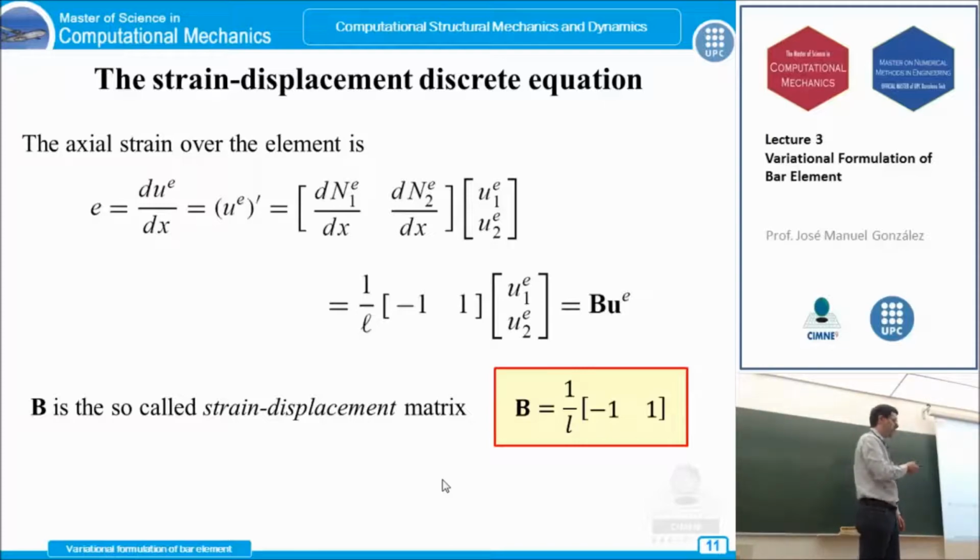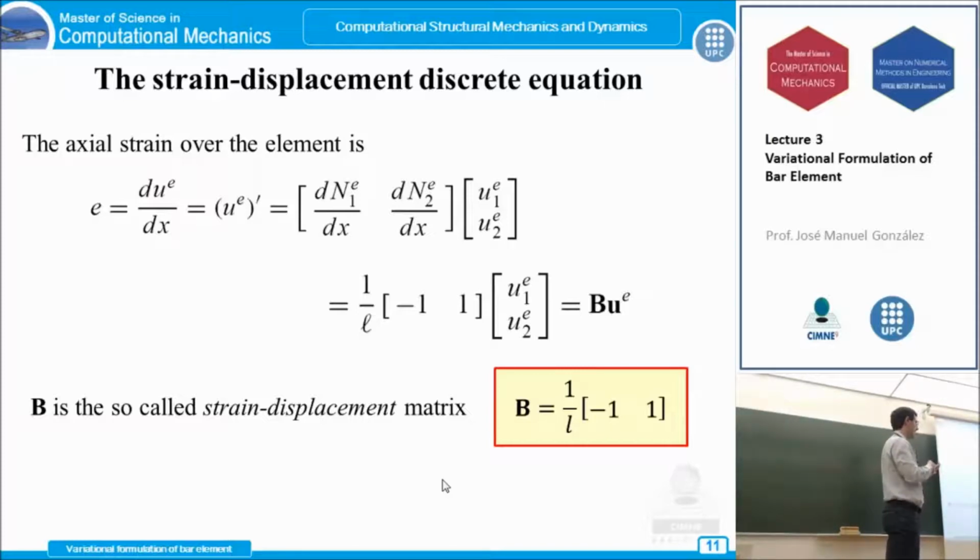So we calculate this derivative using this discrete expression. The shape functions depend on x, so the derivatives affect only them. The nodal values are not x dependent, so they are constant. They are our unknowns, in fact, but they are not x dependent.